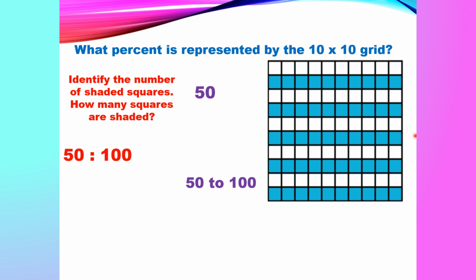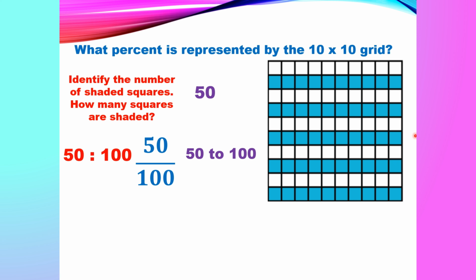In word form, it's 50 to 100. As a fraction, it's 50 out of 100. Before a number can be represented as a percent, it needs to be out of 100. So it means the percent that is represented by this grid is 50% with the percent symbol.